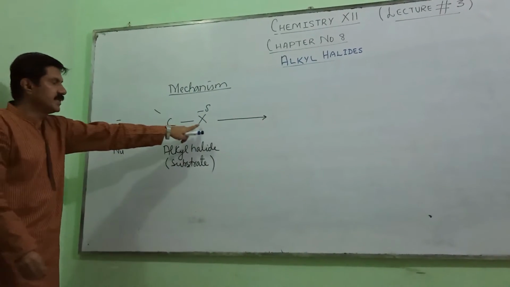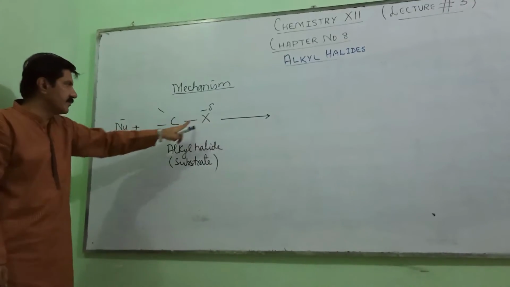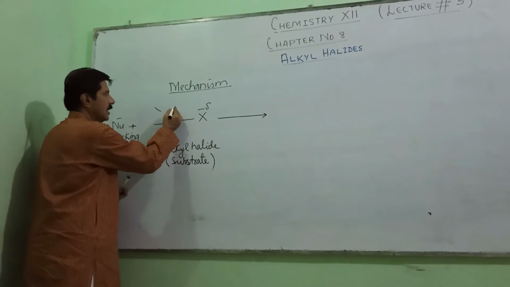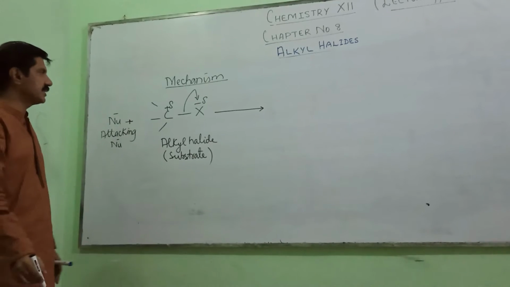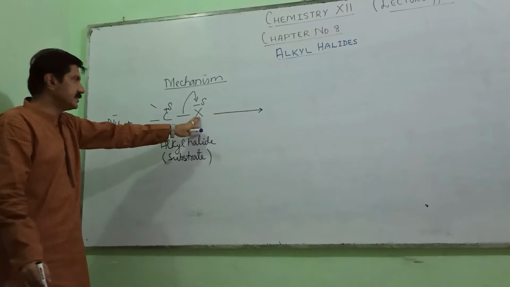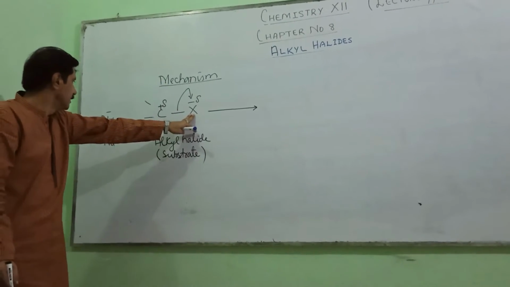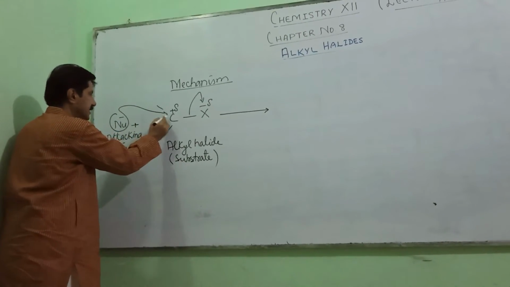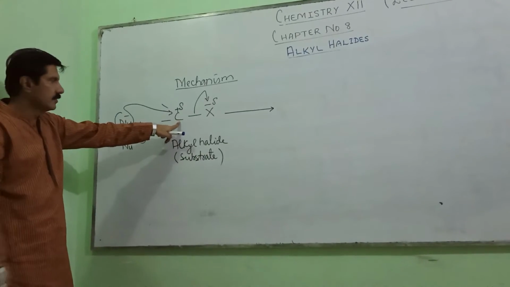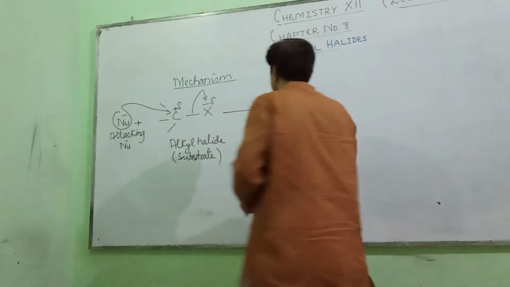Now here, the halogen atom, being more electronegative than the carbon atom, will try to gain the electron pair towards itself and detach itself from the carbon atom. At the same time, this nucleophile will attack this electropositive carbon atom from the opposite direction.